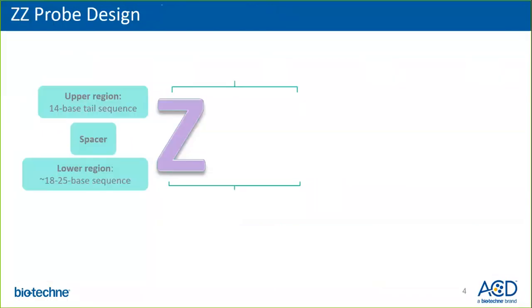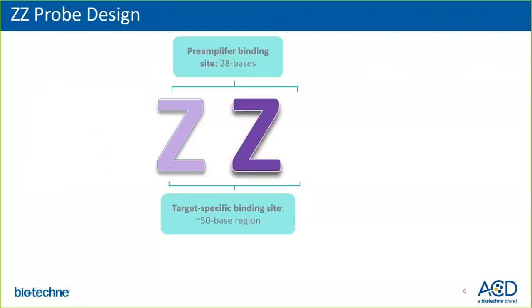So, more specific details about the RNAscope assay. It begins with a unique probe design for detection of RNA. Probes are Z-shaped oligonucleotides, as shown here, composed of an 18 to 25 base sequence lower region. This is connected to a 14 base tail sequence via a spacer. When a pair of double-Z probes hybridize next to each other, as shown here, a target binding site, which is approximately 50 base pairs along the target RNA, is formed.